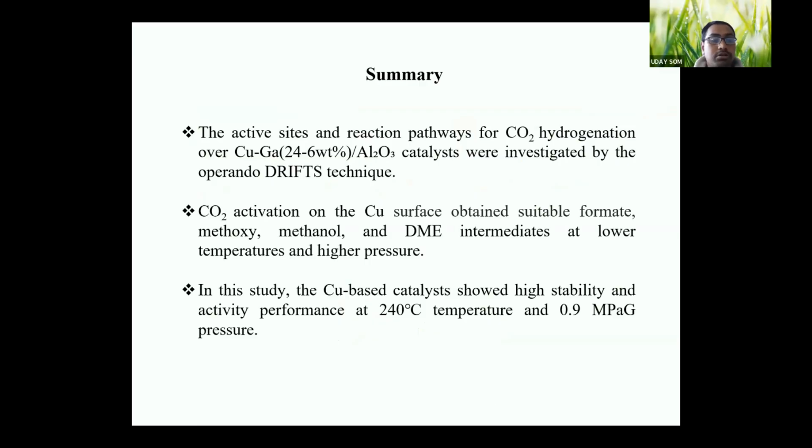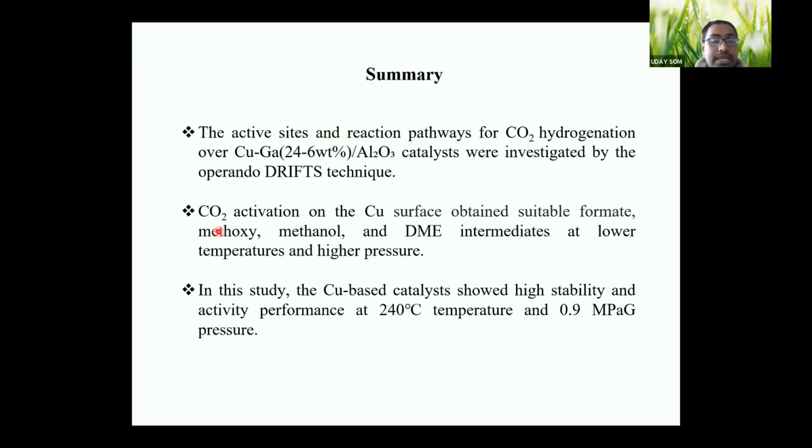So I try to show the summary of my research. The active sites and the reaction pathway for carbon dioxide hydrogenation over the copper gallium aluminum oxide catalyst were investigated by the operando DRIFTS technique.